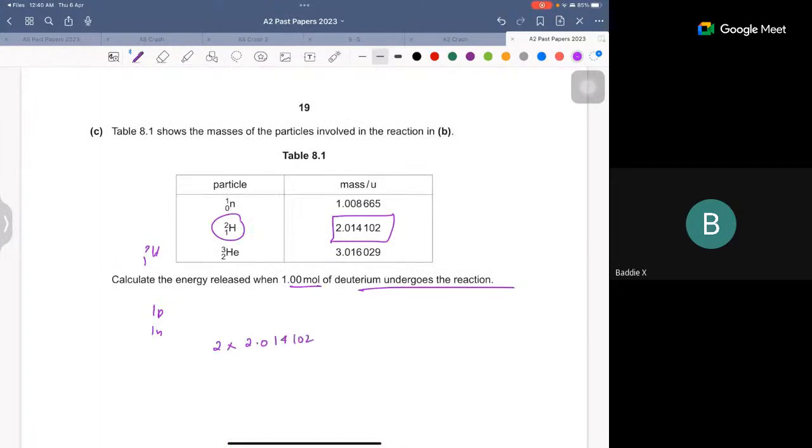2.014102. That would be the mass of the constituents. And then we have to find the mass of the product. The mass of the product has to be this.